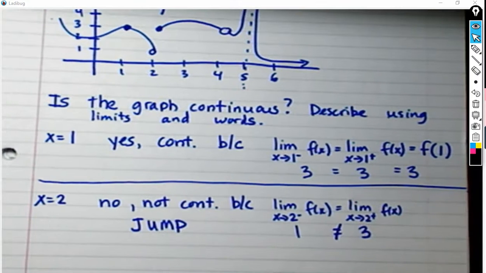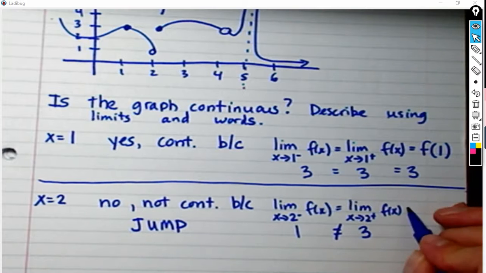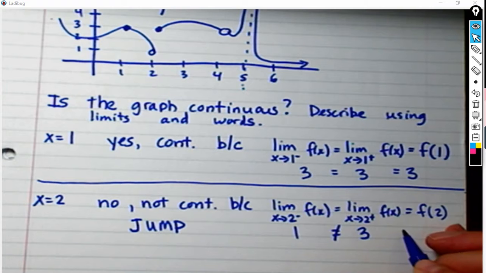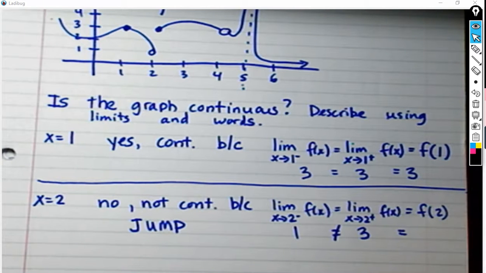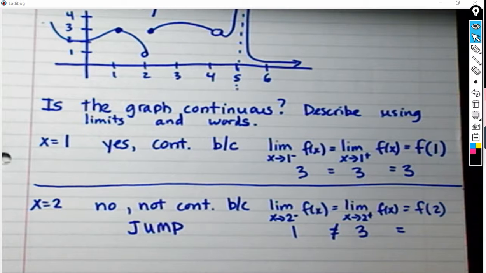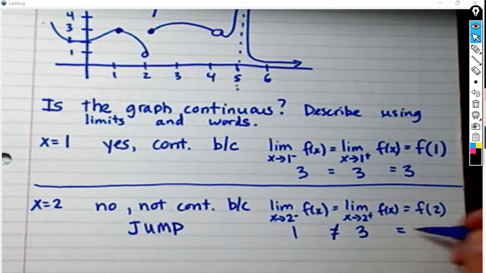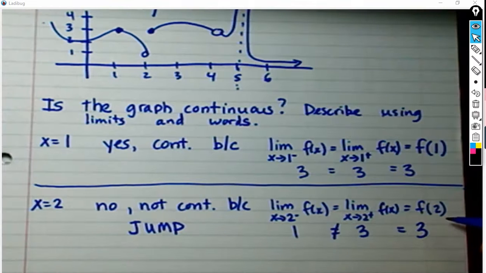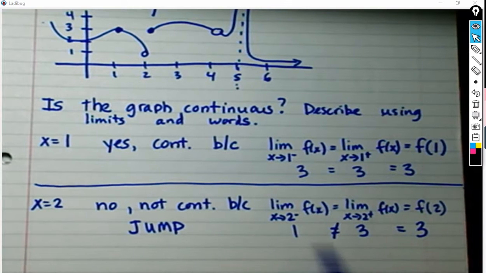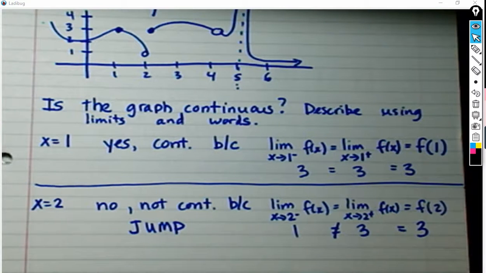Next one. Kara, what is f of 2 equal to? The closed point is at 3. Yes. This is actually the point on the graph. The left, the right, and the point. The left and the right aren't equal, so that makes it a jump.